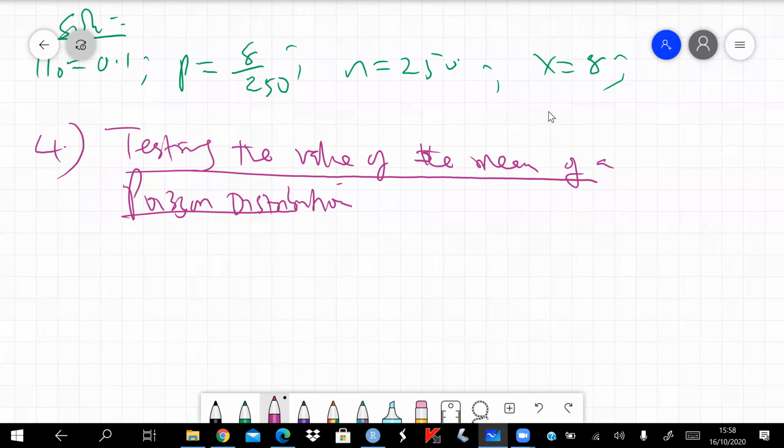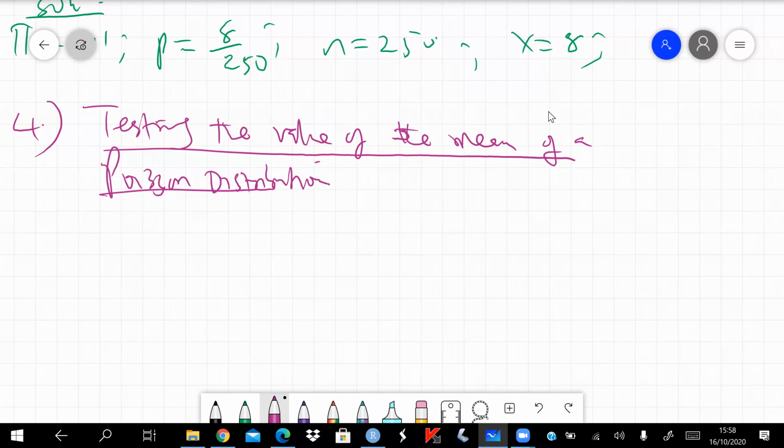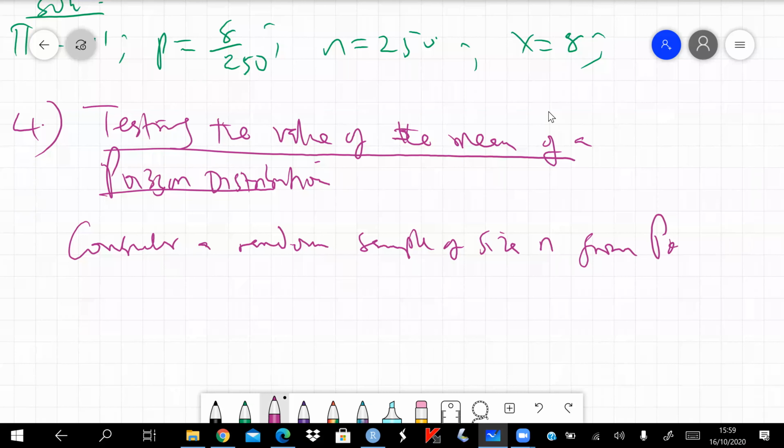So our next topic is testing the value of the mean of the Poisson distribution. So let's have some introduction. Consider a random sample of size n from a Poisson distribution with parameter lambda.